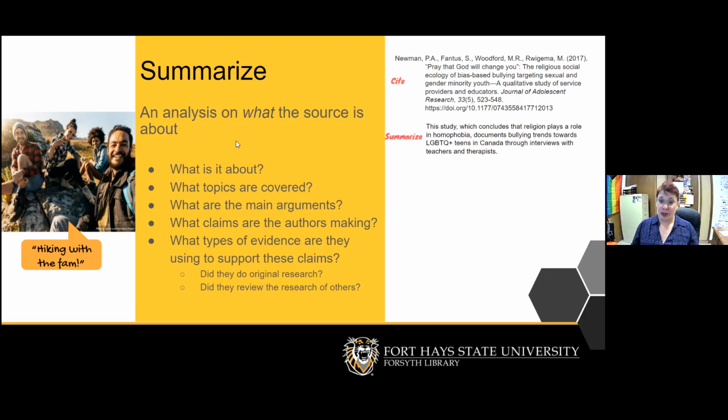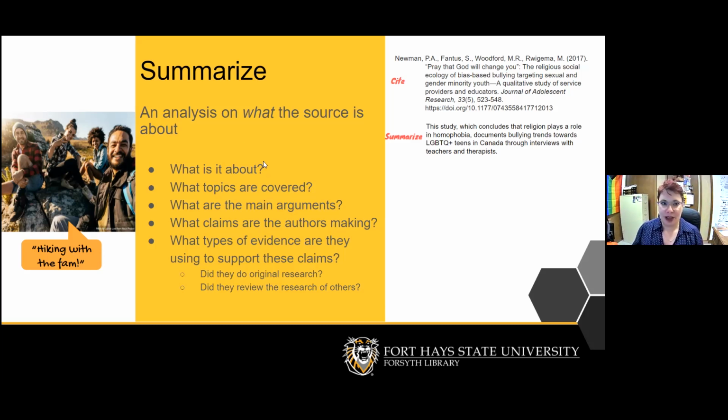So in our summary, we say, this study, which concludes that religion plays a role in homophobia, documents bullying trends towards LGBTQ plus teens in Canada through interviews with teachers and therapists. So it tells you exactly what this paper is about and how they went about it. They did interviews with different people.